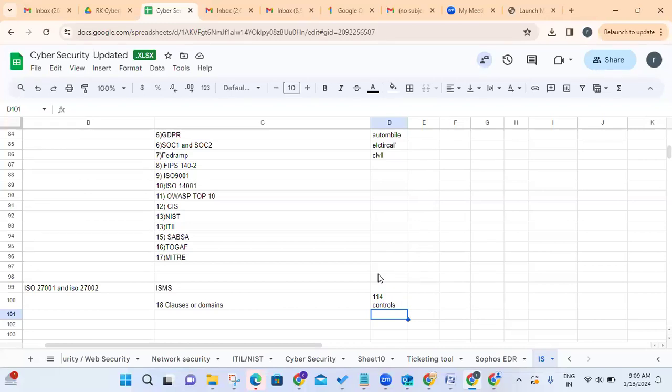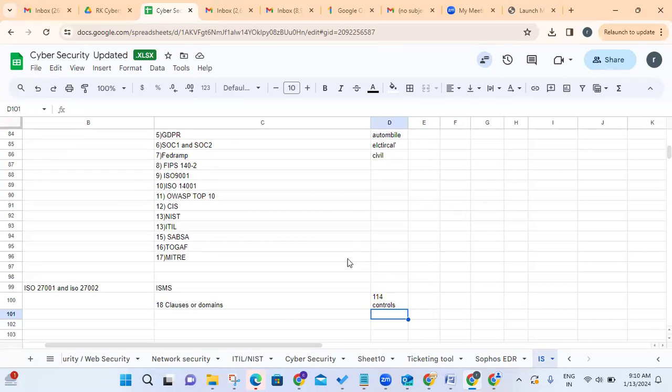The remaining 114 controls fall under A5.1 to A18.2. Whenever you want to implement ISO 27001 and 27002, we have to enable, implement, verify and audit all these 114 controls.